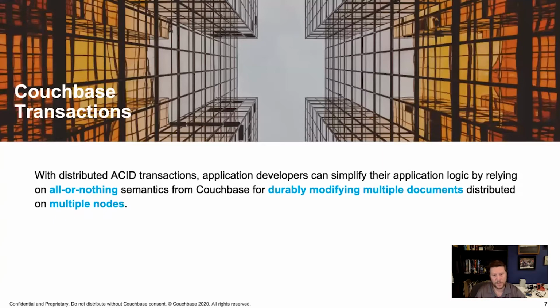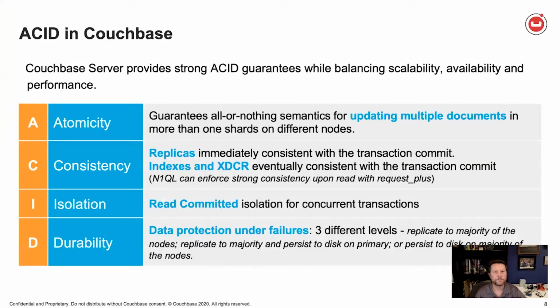So with distributed transactions in Couchbase, now app developers can simplify their application logic by getting all or nothing semantics from Couchbase for durably modifying multiple documents on multiple nodes. So it doesn't change any of the distributed properties of Couchbase. You get atomicity, and you can modify in the context of a transaction multiple documents. No rules about which documents you're not allowed to modify.